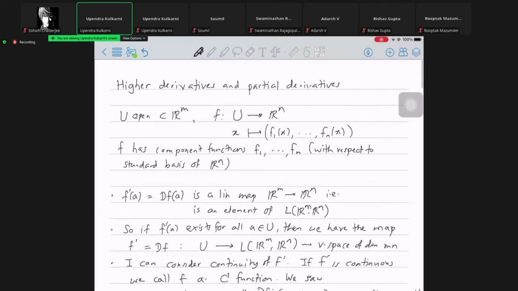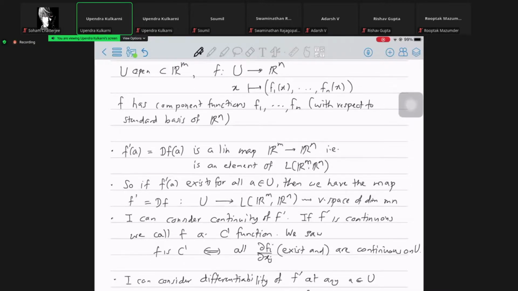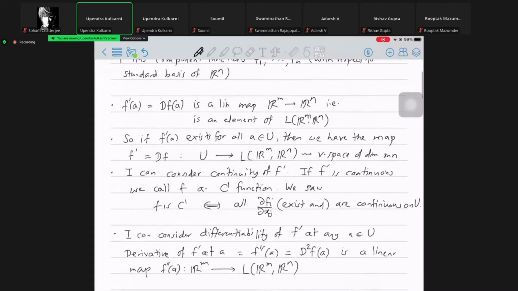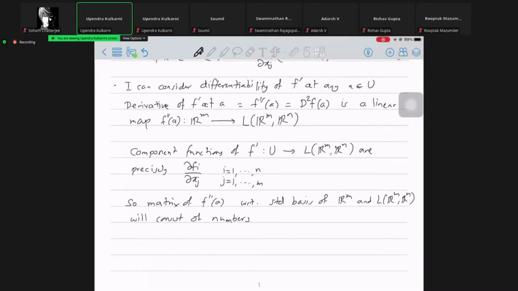What did we say? For any function, think of this function f as g. If this function g has components g1 up to gn, then the matrix of g prime of A consists of just the partial derivatives of all the component functions with respect to the directions in my source set. I am applying the same thing now for the function f prime. So what are the components of f prime? The components of f prime are simply the partial derivatives of each fi with respect to xj. Therefore, what will be the matrix of f double prime?